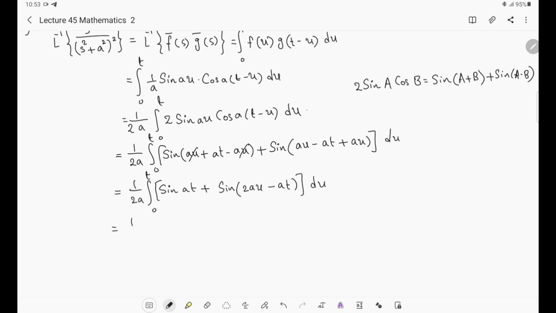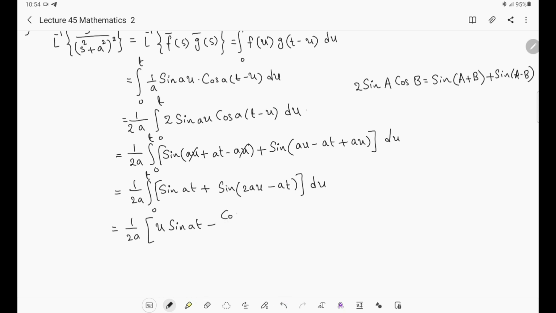Now integrate this, 1 by 2a. Sine at is constant as it is, integration of 1 is u, plus the integration of sine, which is minus cos.